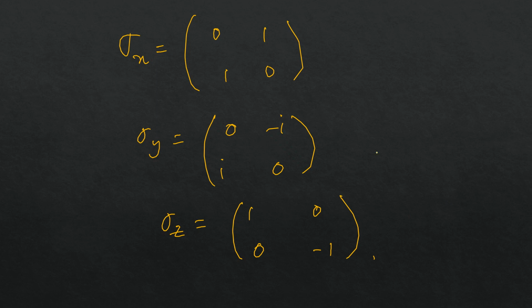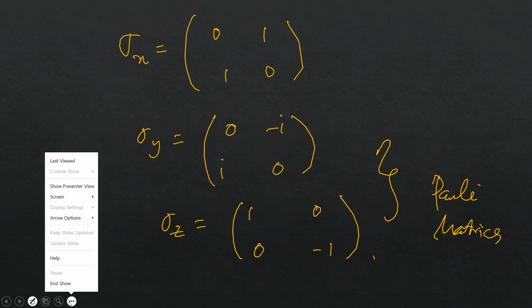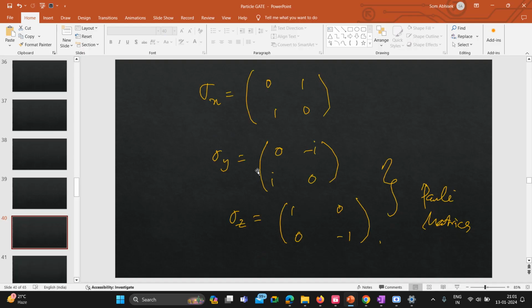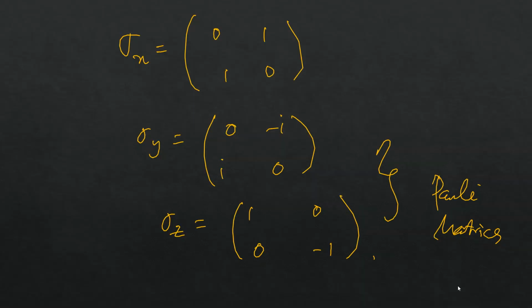Okay, these are what? These are the Pauli matrices. Pauli spin matrices. Alright, is it clear till now? If there is any doubt, you can ask me in the comment section, no problem.